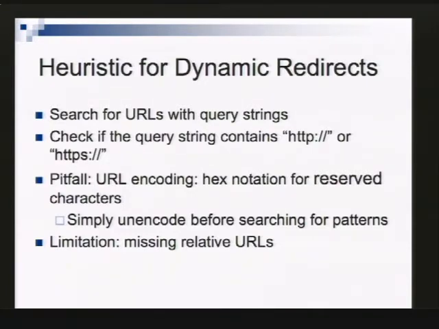We look for URLs that contain a query string. And how do we determine it contains a query string? Question mark, right? Then we check if the query string contains http: or https:, which means that's a web destination. That means for sure that's a web destination.